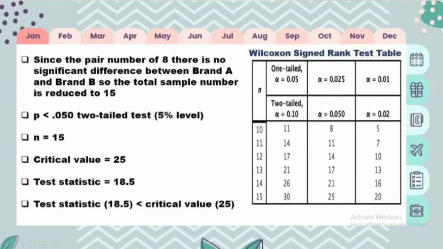The critical value for alpha 0.050 for a two-tailed test is 25. So we can see that the test statistic, 18.5, is less than the critical value, 25.